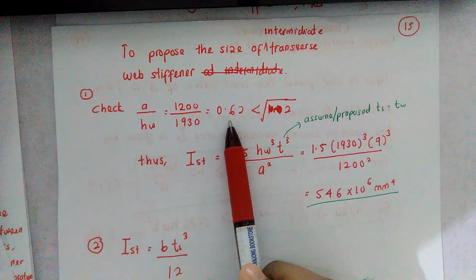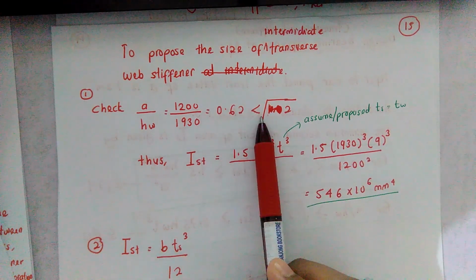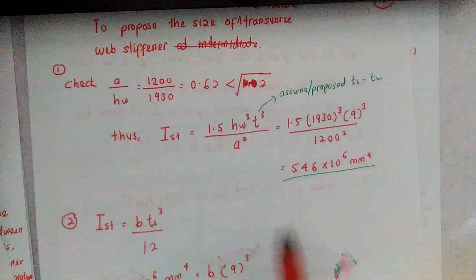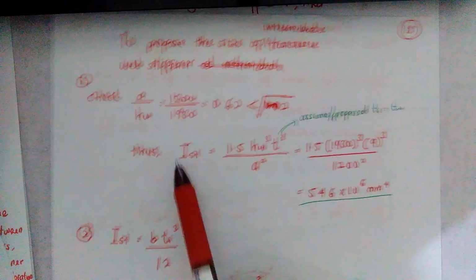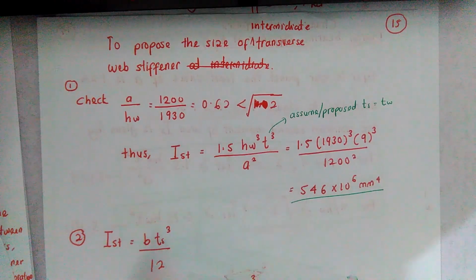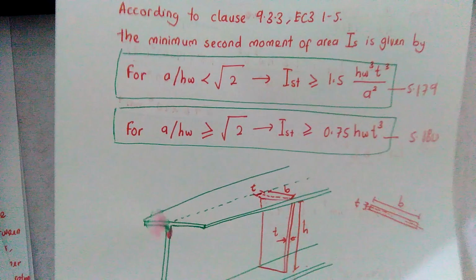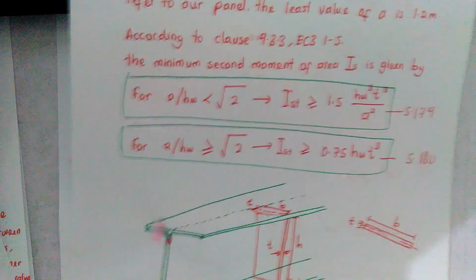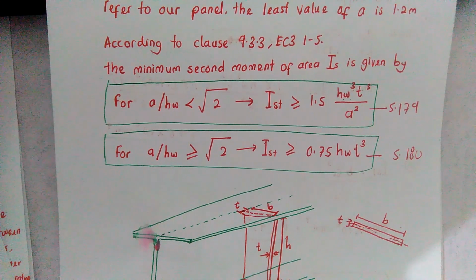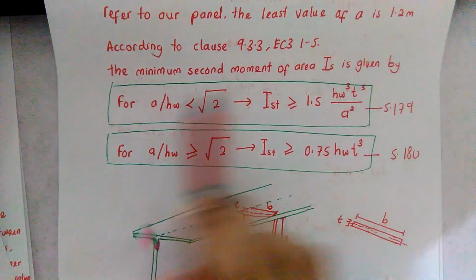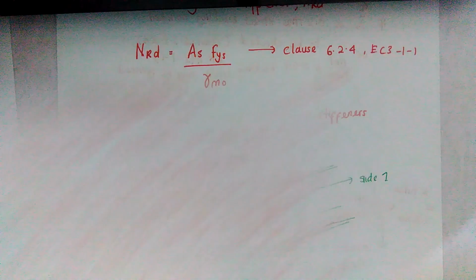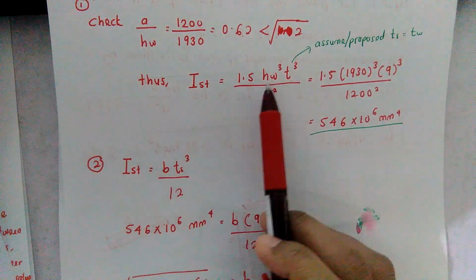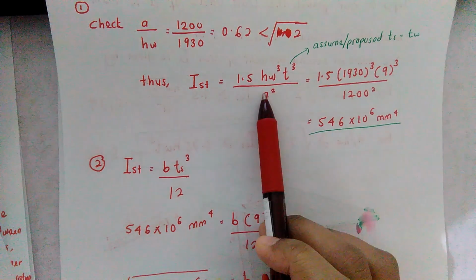You get 0.62, which is lesser than square root 2. So the IST value is given by equation 5.179 because it complies with this equation. Insert all the parameters in the equation.